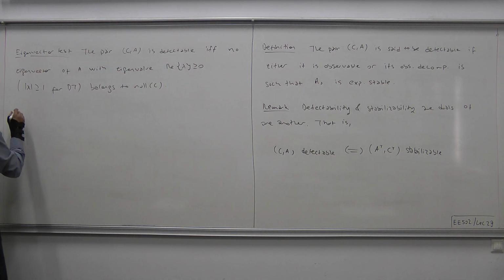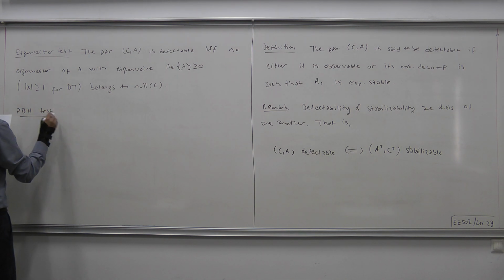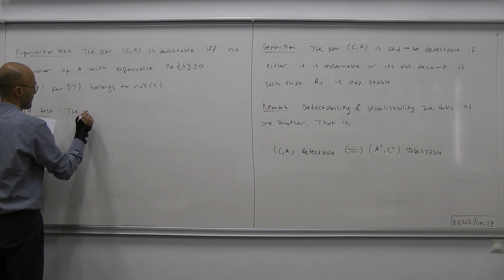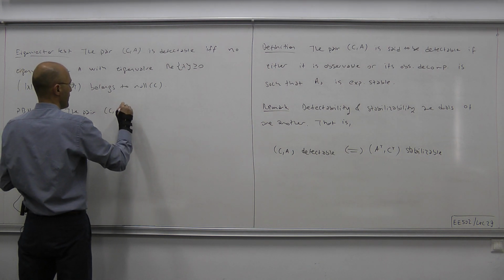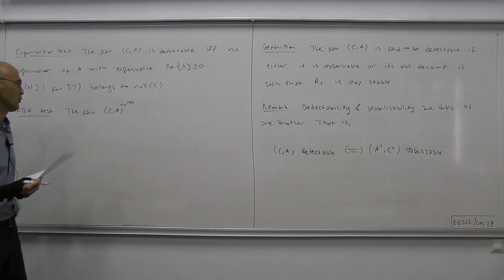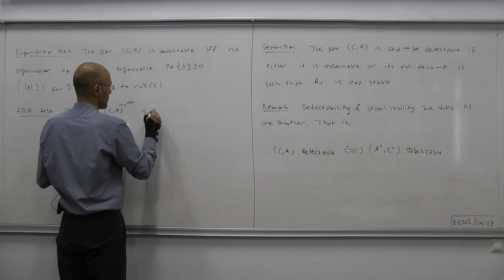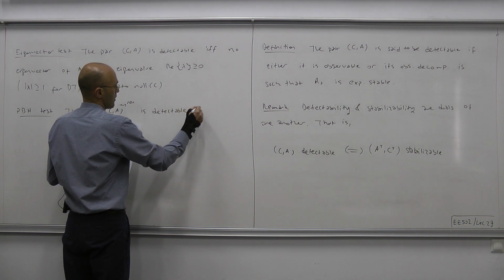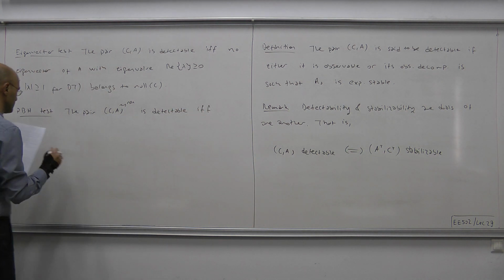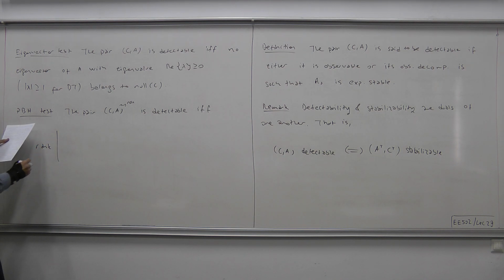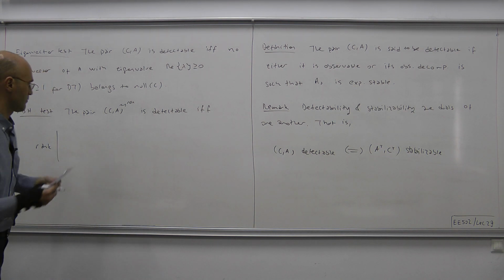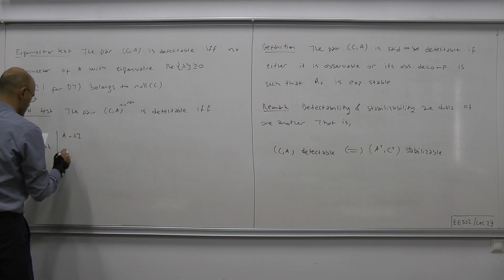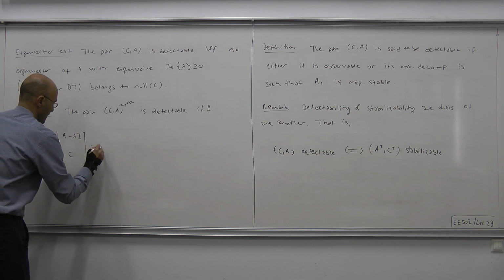Now here is another version of the eigenvector test, the PBH test. The pair CA, where A is representing an nth order system, is detectable if and only if the rank of the matrix A minus lambda I stacked over C equals n.